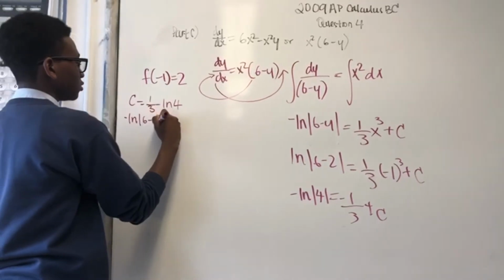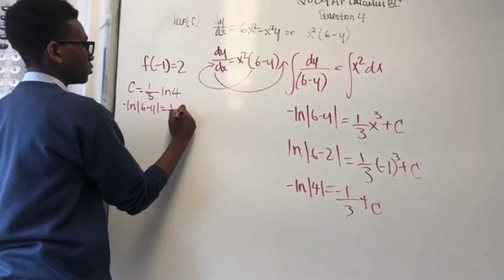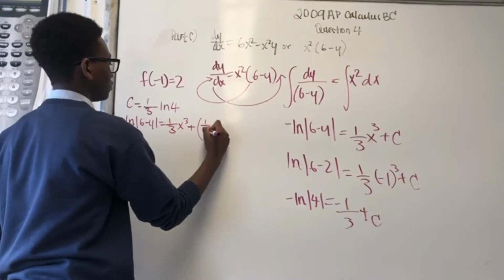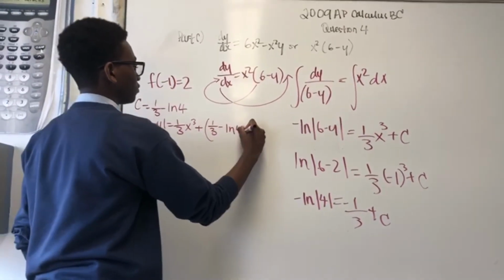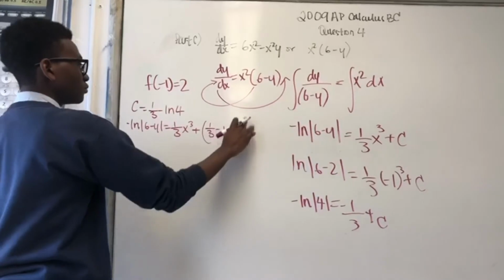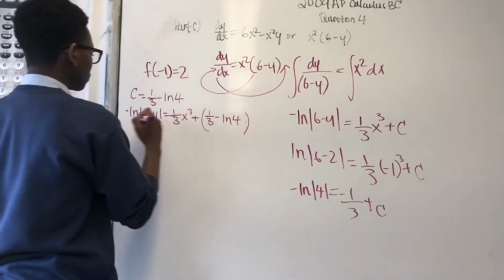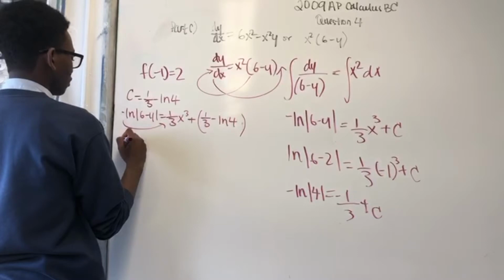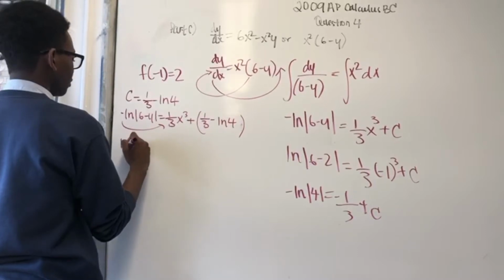Once we have this, now we can go on to solving for y, because we now have c. What we need to do is plug our constant back into the antiderivative equation.